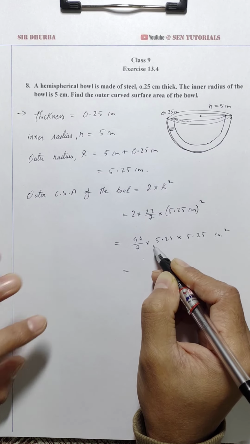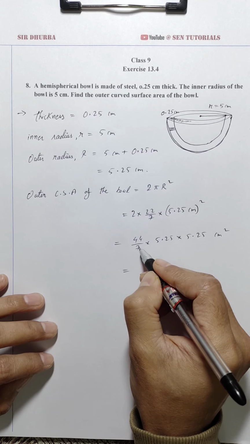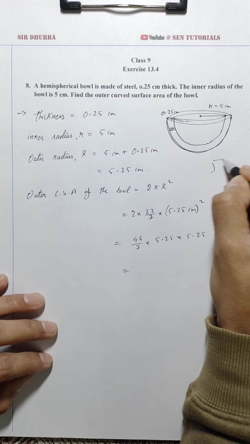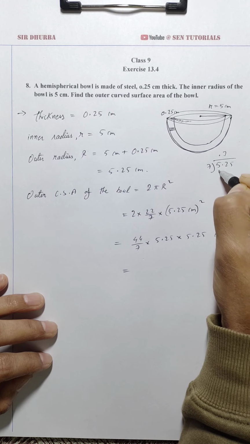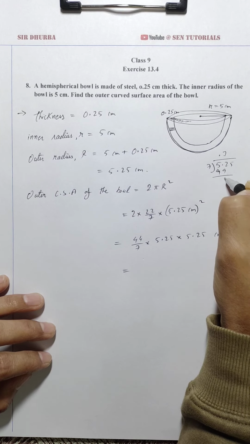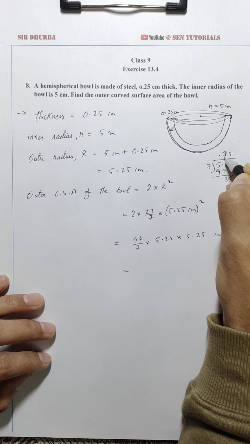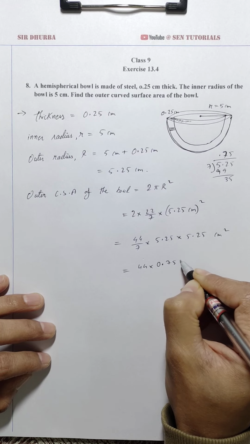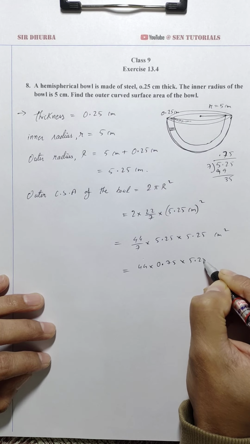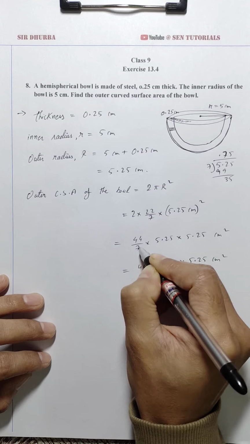So can we cancel this? Of course, yes. Because if we divide 5.25 by 7, 7 fives are 35, 0.75. So 44 into 0.75 into 5.25 centimeter square.